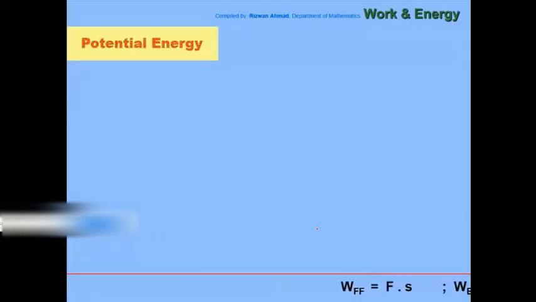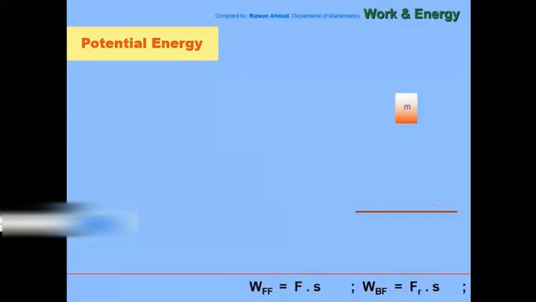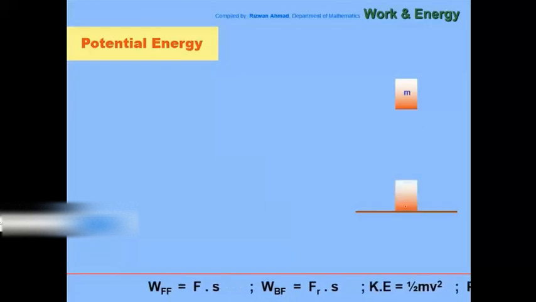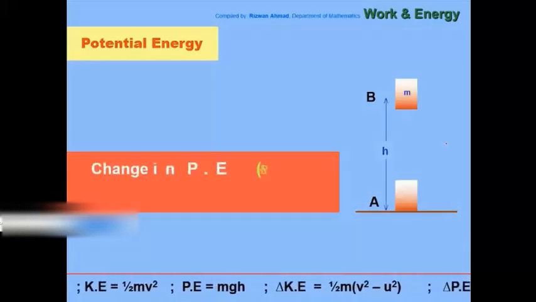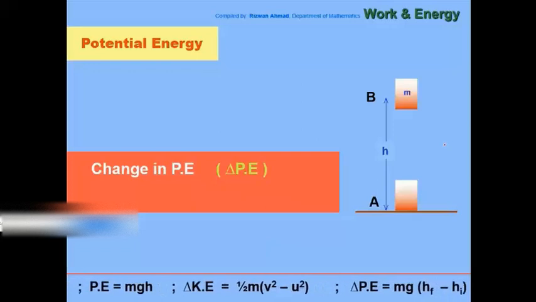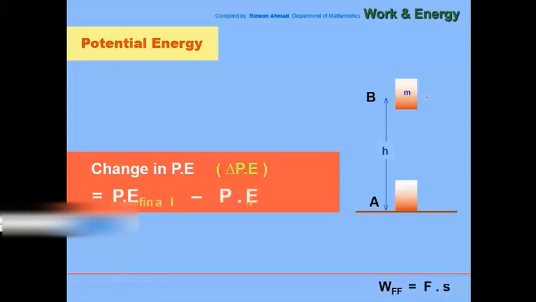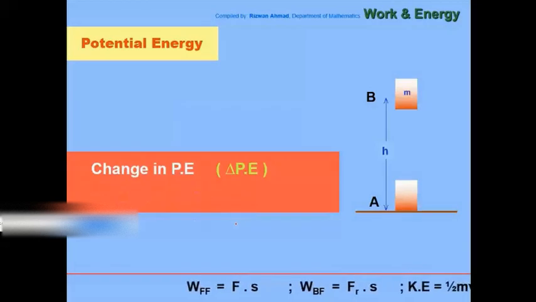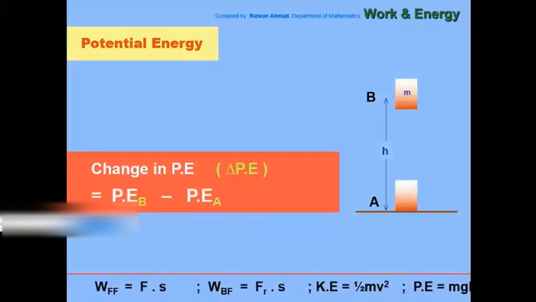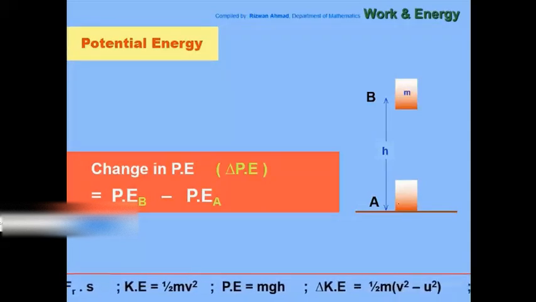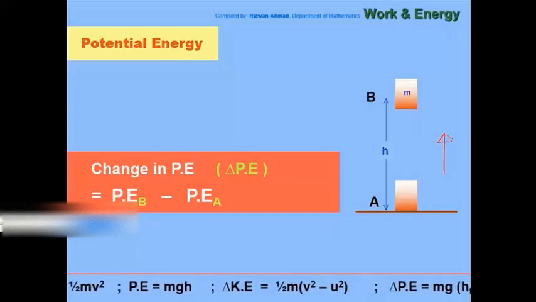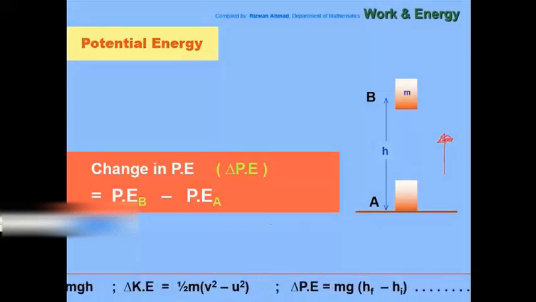Similarly, in the potential energy case, if this object is taken from the ground level to some certain height, position B, at a height h meters, the change in potential energy will be the final potential energy minus the initial potential energy. Potential energy final is the potential energy at B minus the potential energy at A, because it is moved upwards with a constant speed.